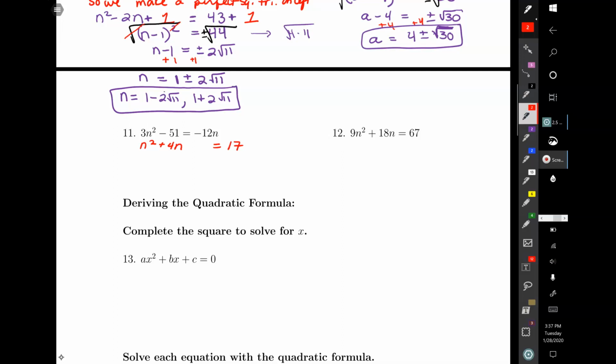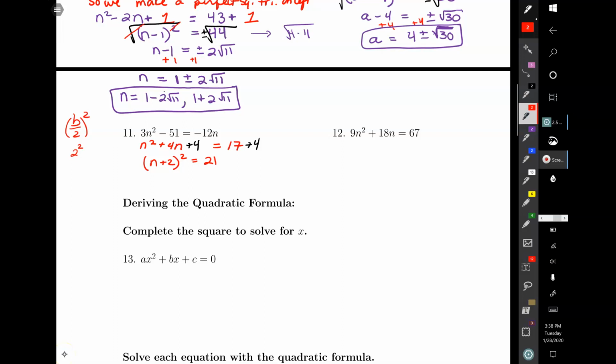So I need to figure out what my number is that I need to add on to make it be a perfect square trinomial. So again, I'm going to take half of 4. So remember, it's b over 2 squared. So half of 4 would be 2, and then square it, and I get 4. So I'm going to go ahead and add that in to both sides.